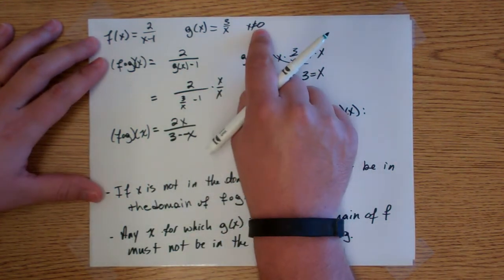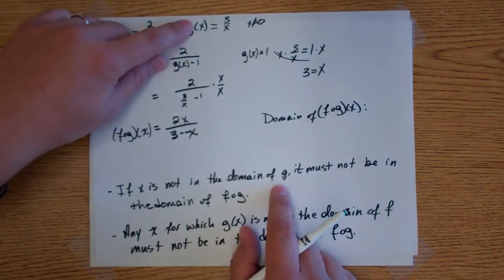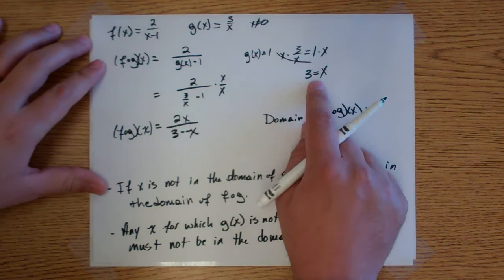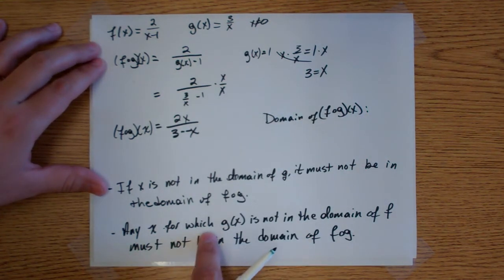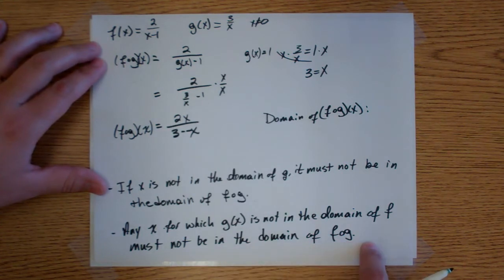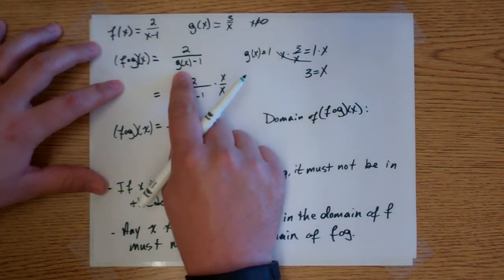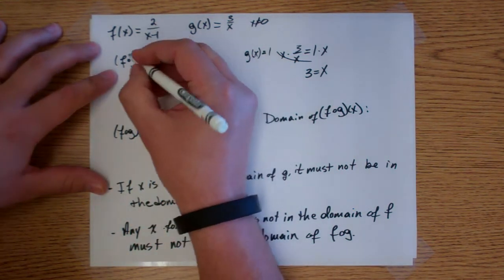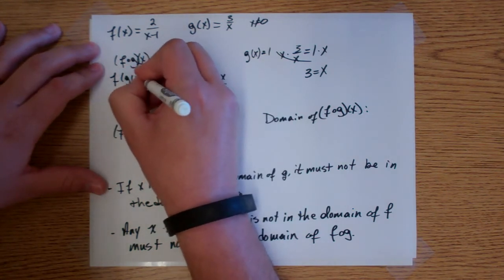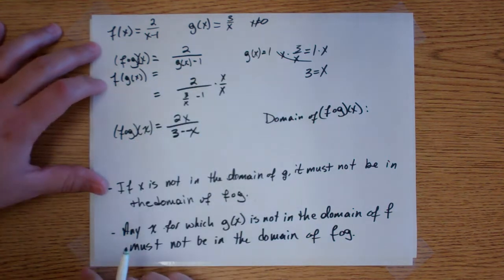Well, x equals 0 is not in the domain of g, so it can't be in our new domain. And then we also can't include 3, because any x for which g of x is not in the domain of f must not be in the domain of f of g of x. You can also write this as f of g of x. So that's what they mean by the domain of f.